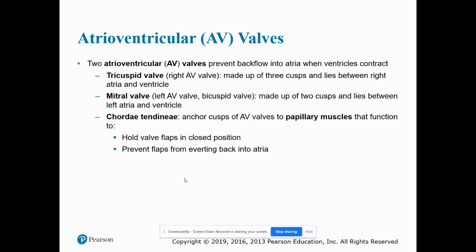The chordae tendineae is going to anchor the cusps of the AV valves to the papillary muscles, and that's going to do two really important things: hold the flaps in the closed position and prevent the flaps from everting back into the atria.